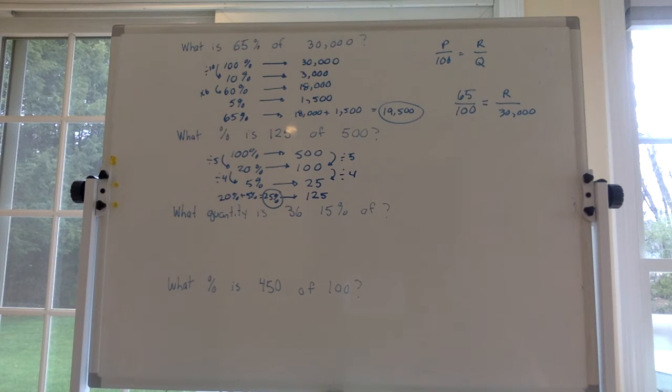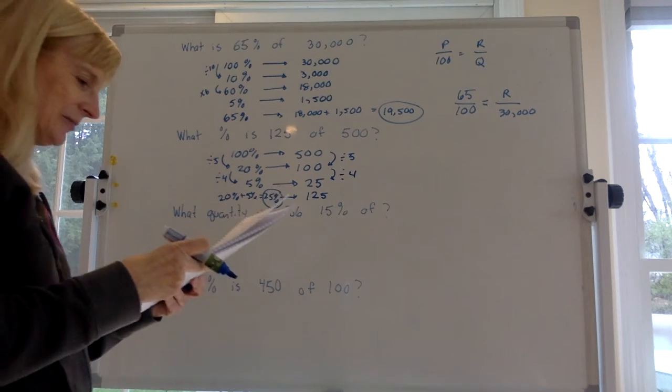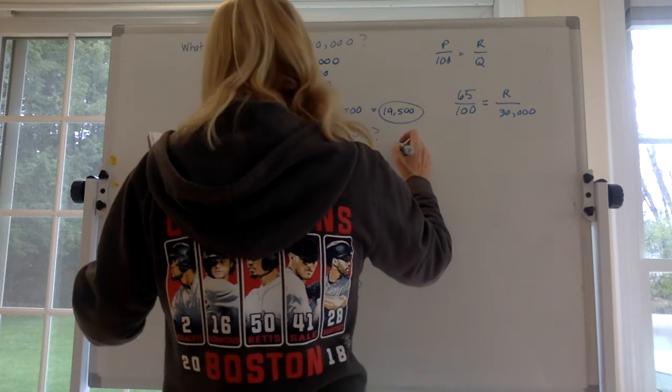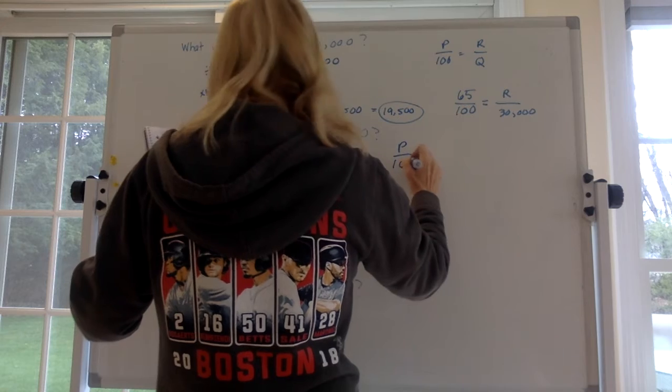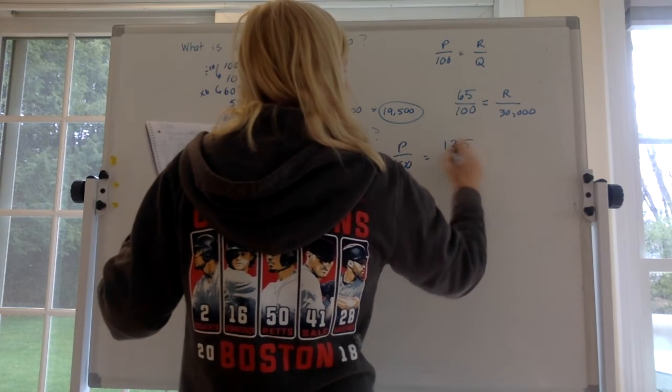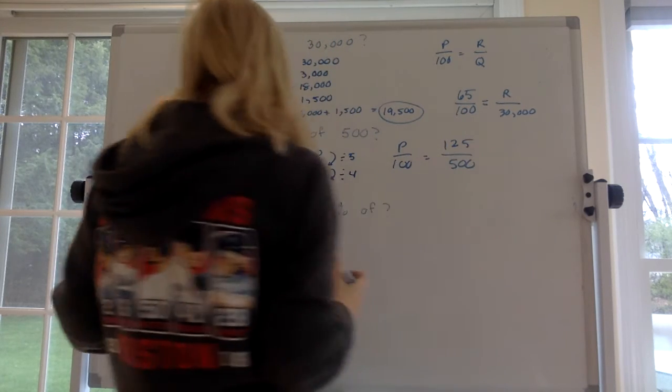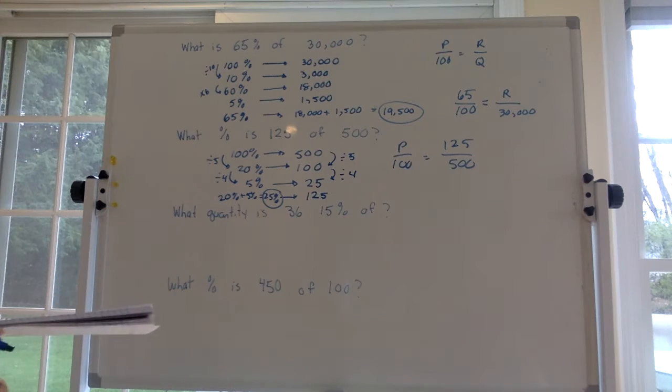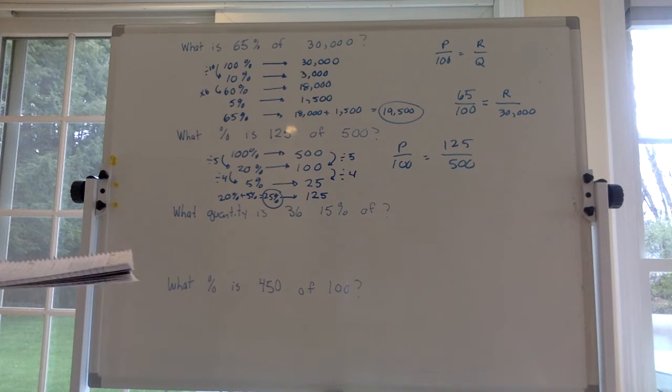So 125 is 25% of 500. So you're probably going, ugh, it was so much easier just to use this formula. Yeah, you could have done that too, but I want you to use the percent tables, okay?